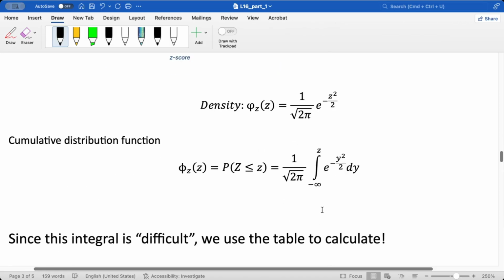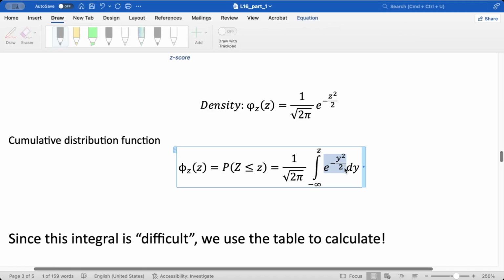Now, this integration here is difficult. I put that in quotes. It's impossible to find an antiderivative in closed form for e to the minus x squared. There are certain other techniques, power series, and other things, but in terms of calculus 2 integration techniques to find an antiderivative, it's impossible.